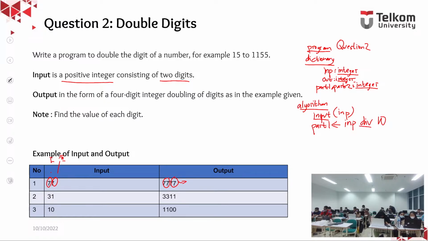Okay, let's start, right? Part 1, and then part 2. Part 2 is the input minus part 1 multiplied by 10.